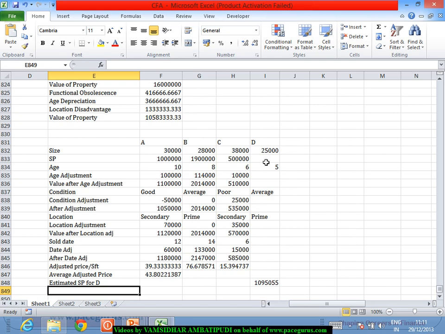From there, use that average price per SFT multiplied by the number of square feet for the property of our choice, and then compute the estimated selling price for that particular property. Alright.